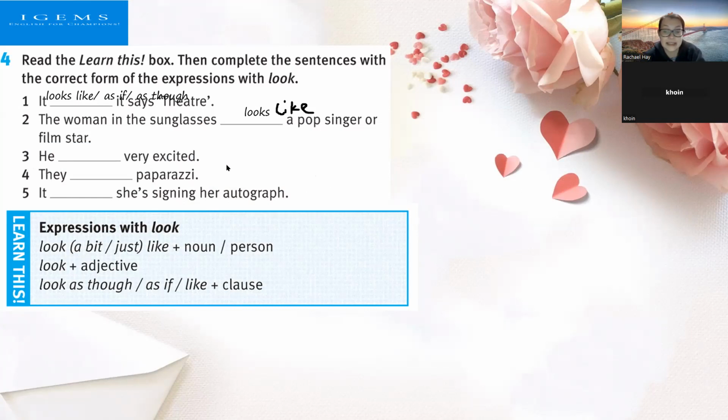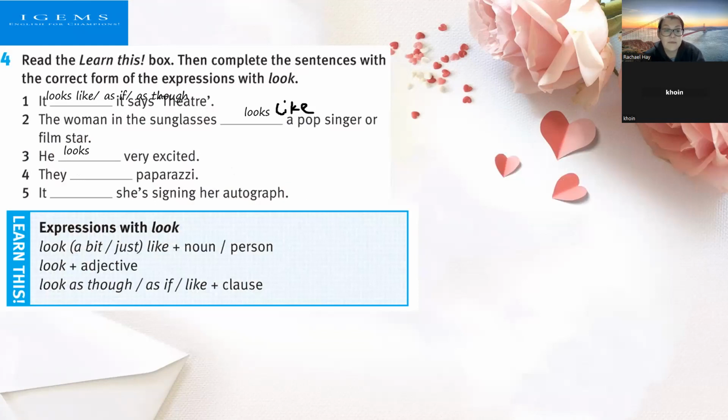He something very excited. He just look very excited. Okay, no, we don't need the word is. We can just use the word looks. He looks very excited.